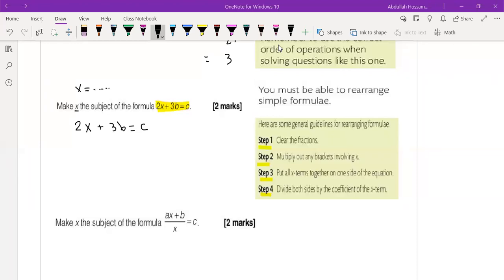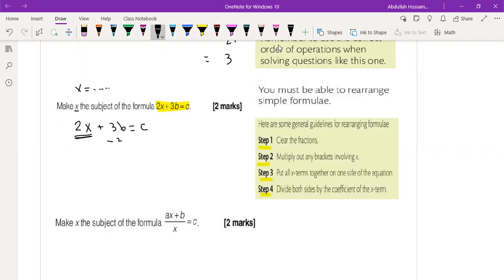Multiply out the brackets involving x. There is no any brackets. Okay, so the next step is put all x terms together on one side. What does it mean? I need x alone. So you move 3b to the other side. How to do this?